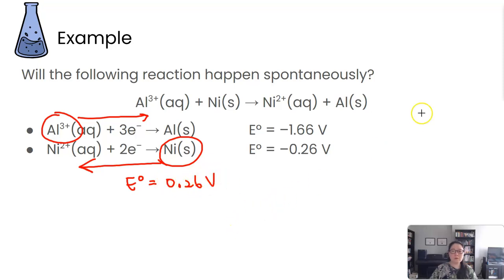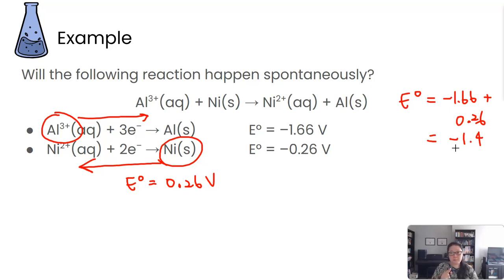Now, the total E naught for this particular reaction as it's written is going to be negative 1.66 plus positive 0.26, which gives you an overall E naught value for that reaction of negative 1.4.